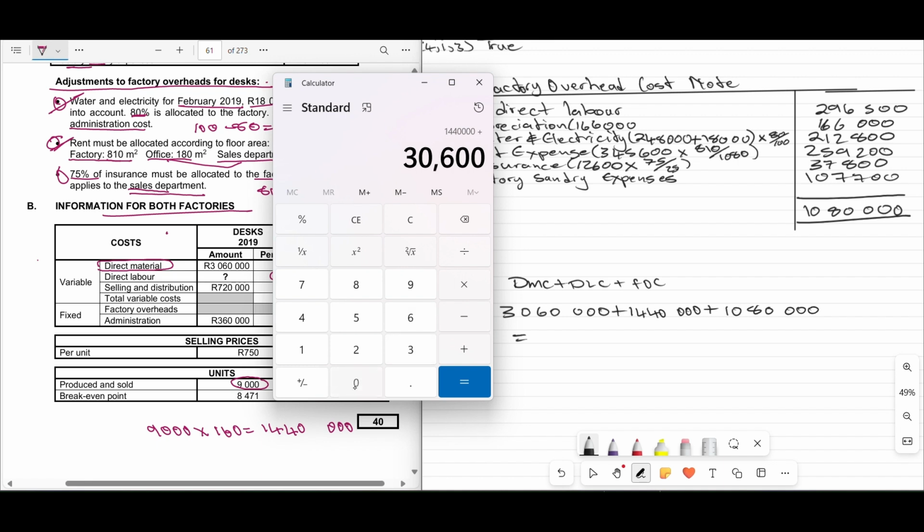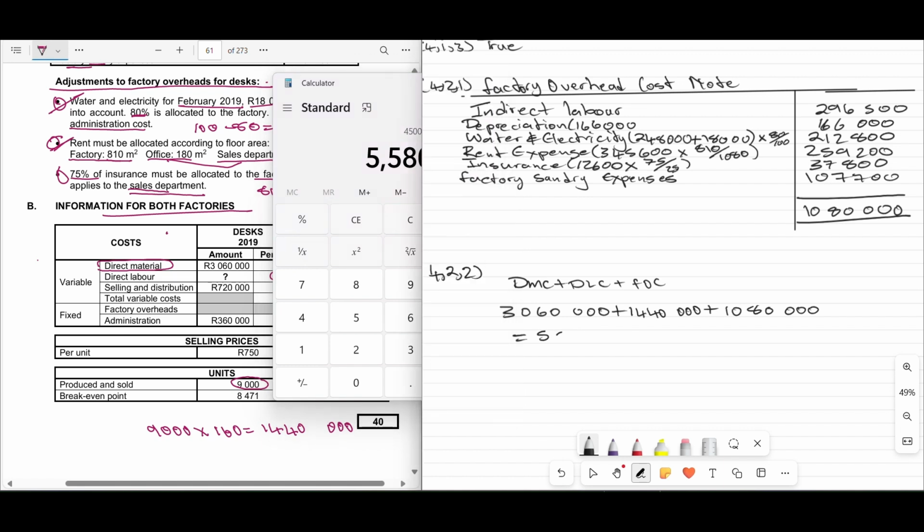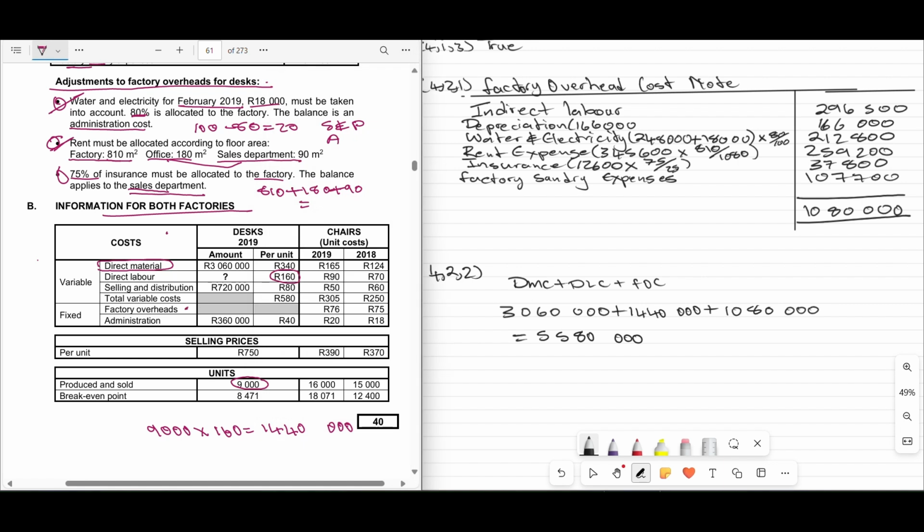Then you are going to add everything: 3,060,000 plus 1,080,000 plus 1,440,000. Then you are going to have 5,580,000. So this is your total cost of production.